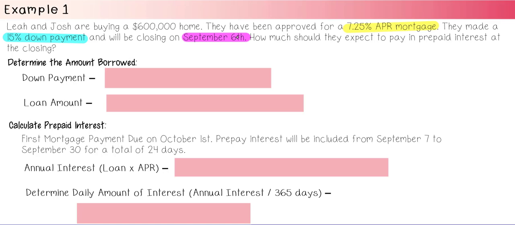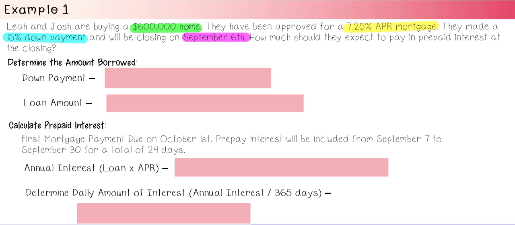How much should they expect to pay in prepaid closing interest? The other piece of information we need is how much the home costs, which is $600,000. So first off, we need to determine the amount borrowed.